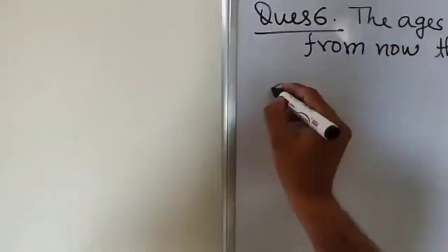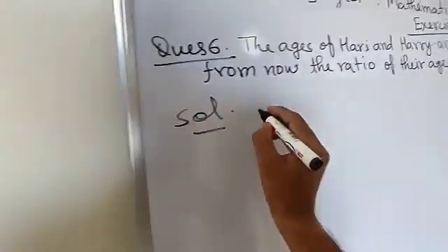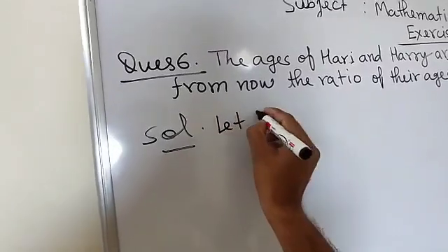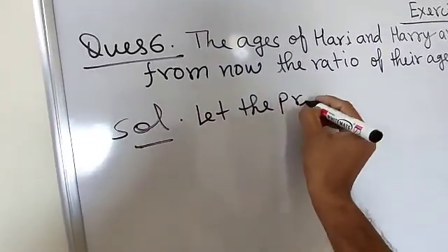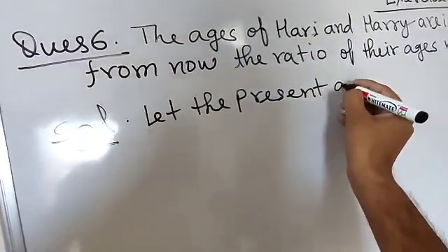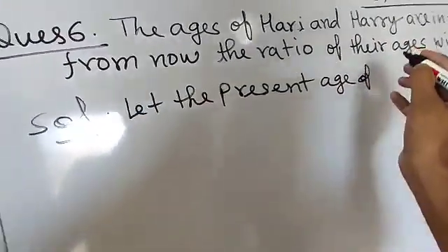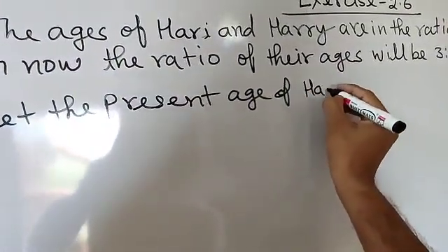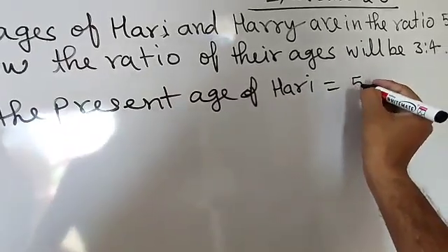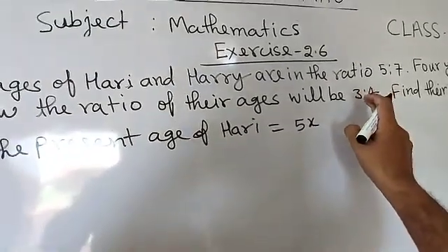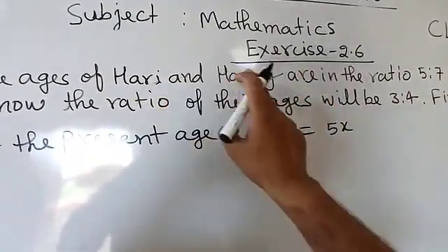So here in the solution, let the present age of Hari be equal to 5x. The ratio is given 5:7 in Hari and Harry.